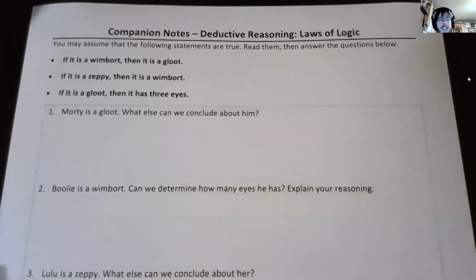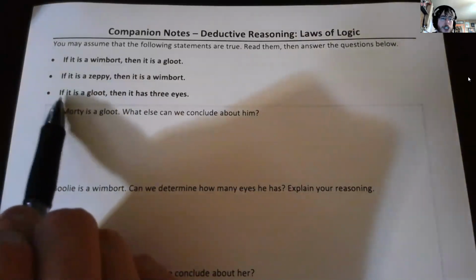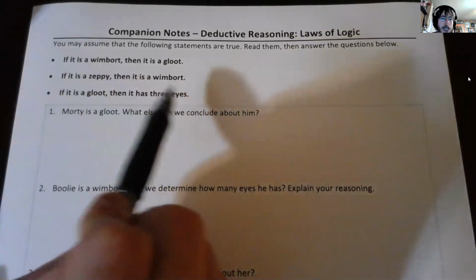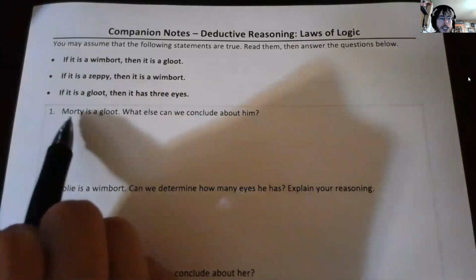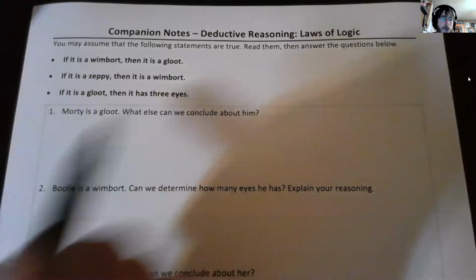Well, if we look here, we're going to see if anything starts out with it being a glute. The third statement starts out with, if it is a glute, then it has 3 eyes. So if Morty is a glute, then by this statement, he must have 3 eyes.